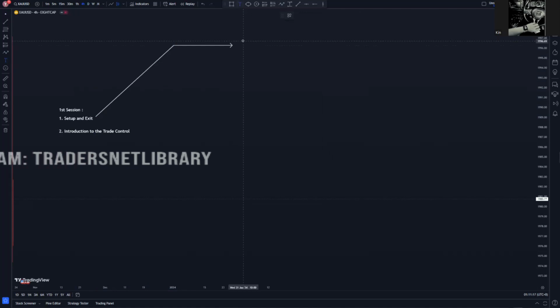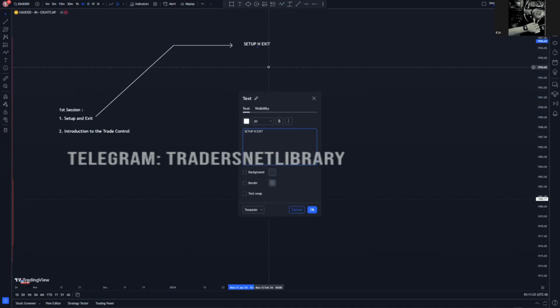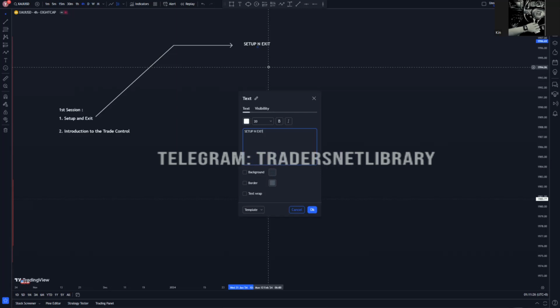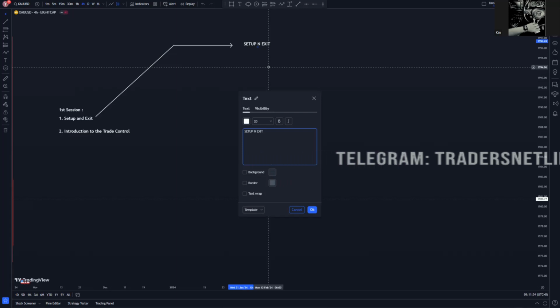My indicator is just my setup and the exit itself. The setup is going to be a level or a zone for me to take a buy or to take a sell. And how about the exit? The exit is going to be my zones, or we can call it my level, for me to exit my position, whether it's for buy or for sell.